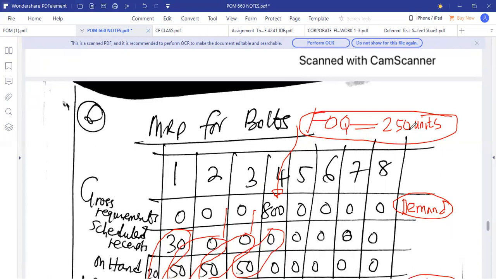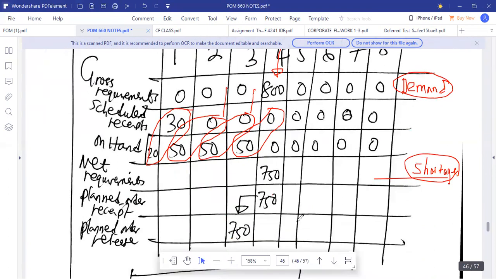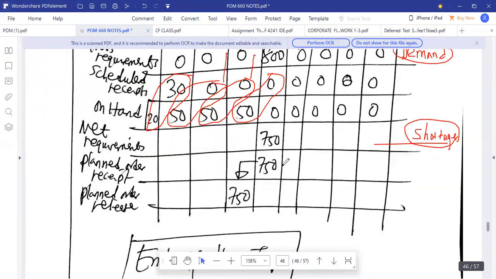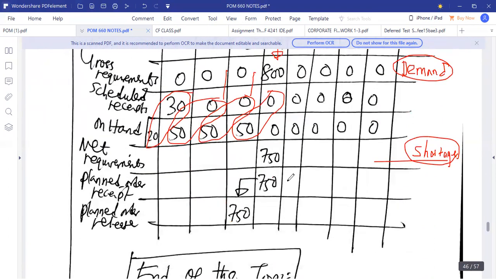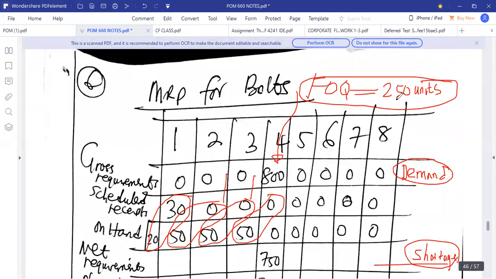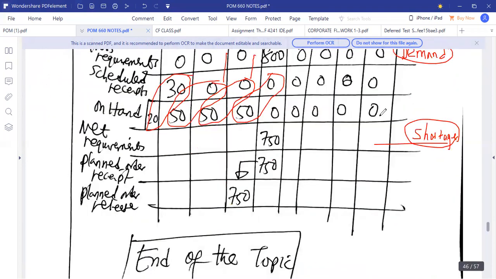So that's why we've ordered the 750 units, because we have ordered 3 batches of 250. Meaning 250 plus 250 plus 250, 3 times, gives you 750. It is not lot for lot.